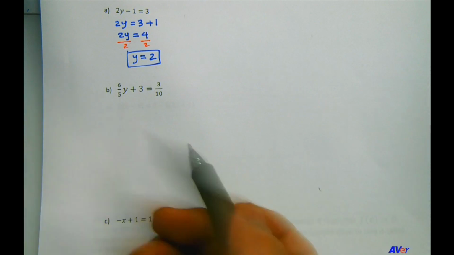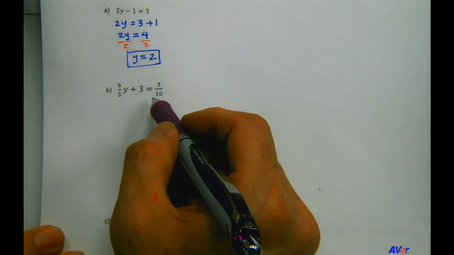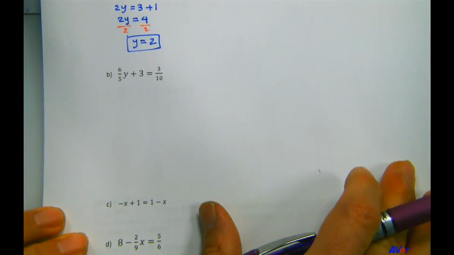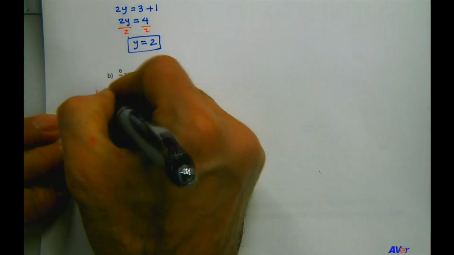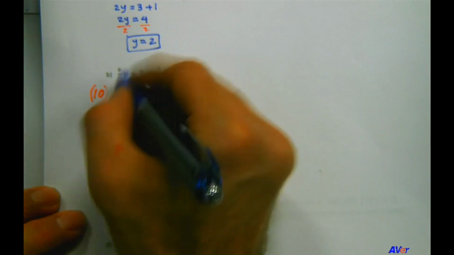So what do we do then? Well, think about what single number you can pick and multiply both sides of the equation by to eliminate both fractions at once. What is that number? Do you see it? If you said 10, you're absolutely correct. So 10, multiplying both sides of the equation by 10, would clear both fractions at once.